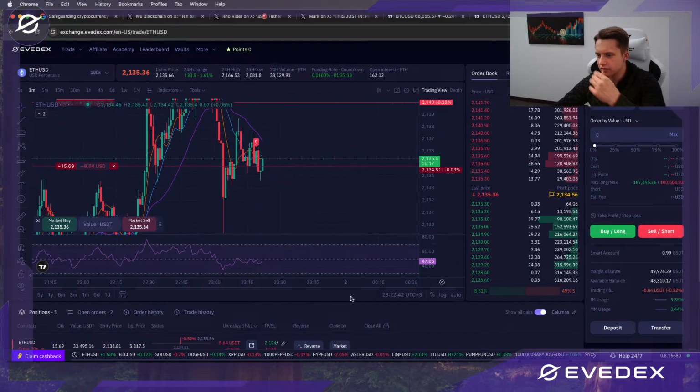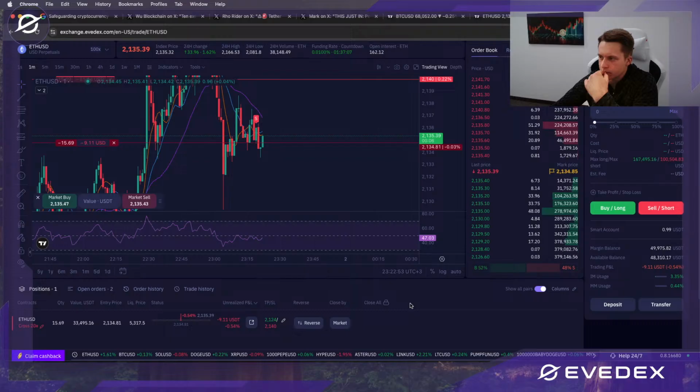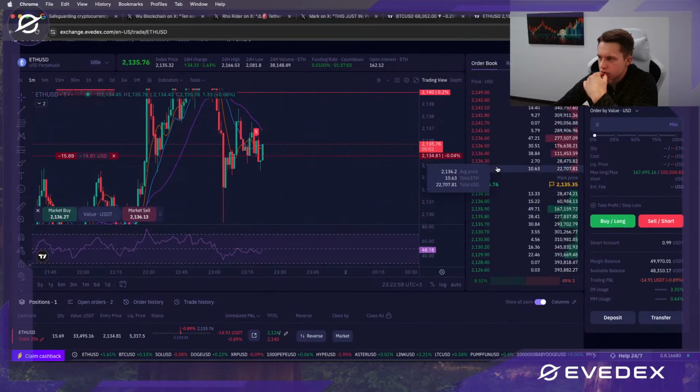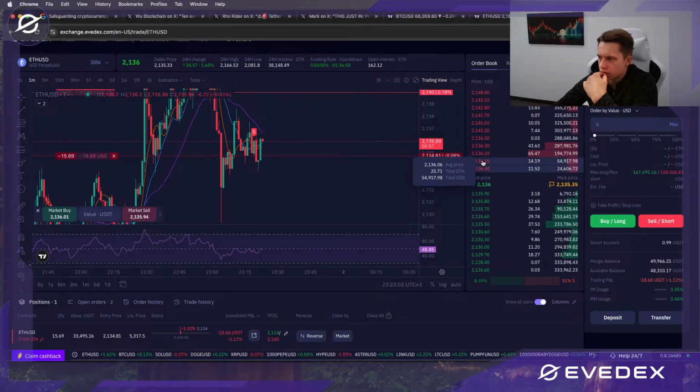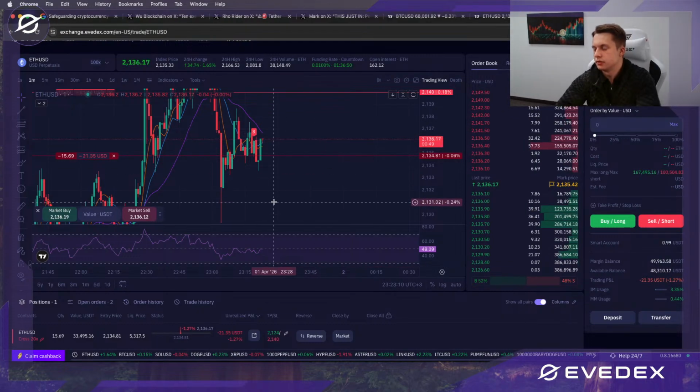Our RSI indicator doesn't really tell us too much as of now. But let's keep an eye on it, see what happens.